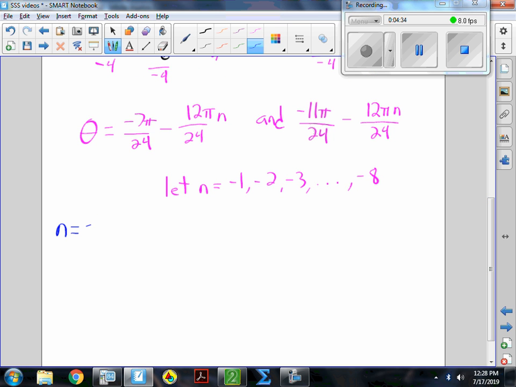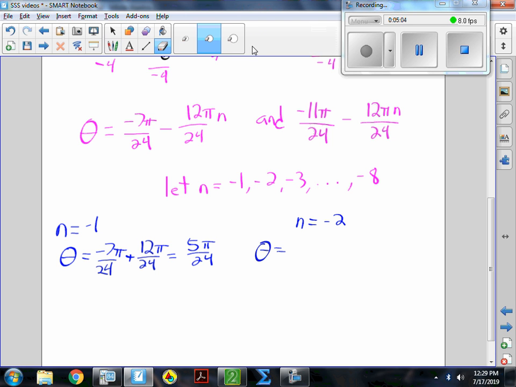So if n equals negative 1, then theta equals negative 7 pi over 24 plus 12 pi over 24, which is 5 pi over 24. For n equals negative 2, theta equals... oh, hold on.